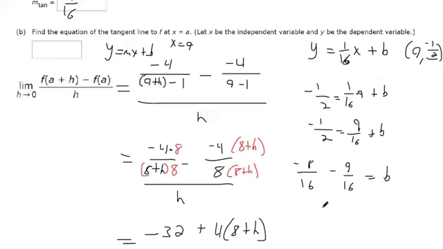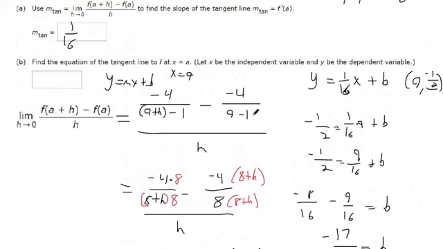So negative 8 minus 9 makes negative 17 over 16, so that's our y-intercept. Okay. So that completes the equation. It's y equals 1 over 16 x minus 17 over 16 for a y-intercept.